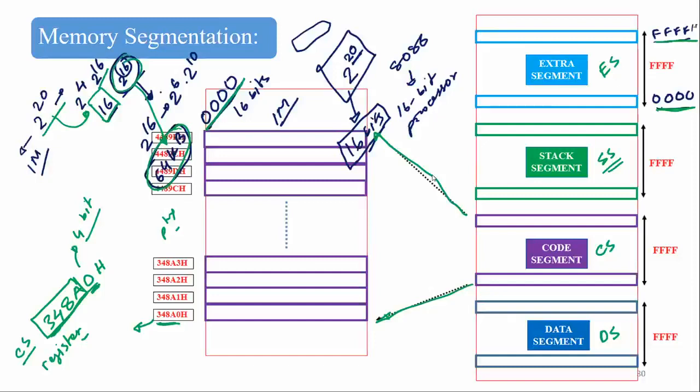Then the remaining portion will be saved in the register CS. So this is the code segment. The first 16 bits of that physical address, the start, will be saved into the register CS.